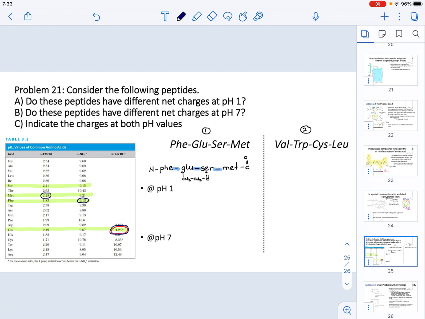Then I have to ask myself, at pH 1, what is going to happen to those functional groups? Keeping in mind that at pH 1, the general structure for my amino acid is going to be a protonated amino group and a protonated carboxylic acid.